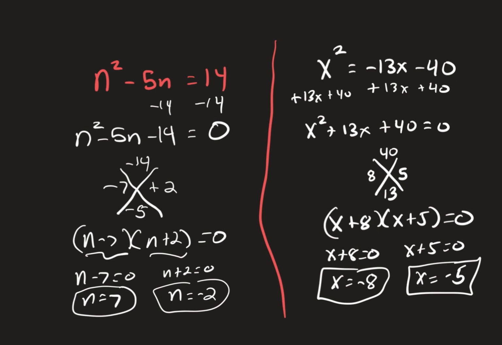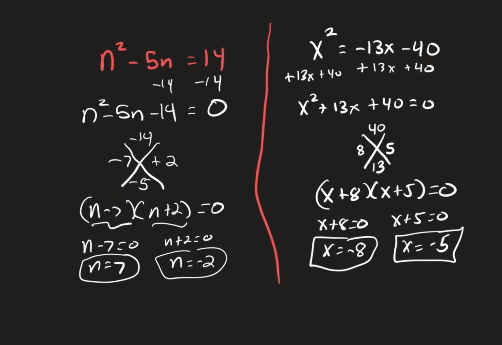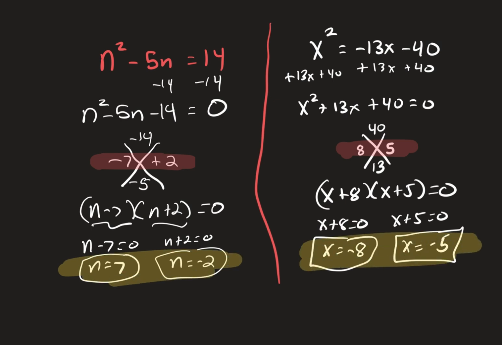All right, last little thing here, we're going to look for observations. So I'm going to highlight this right here and this right here, and this down here, and this down here.